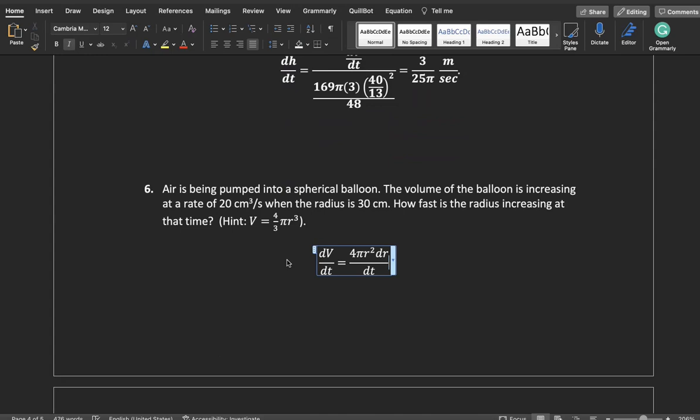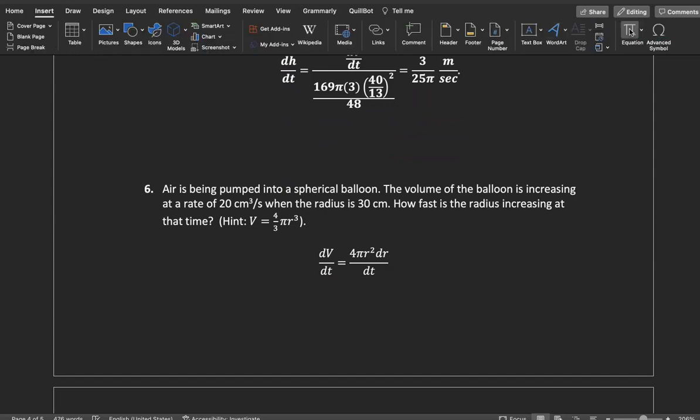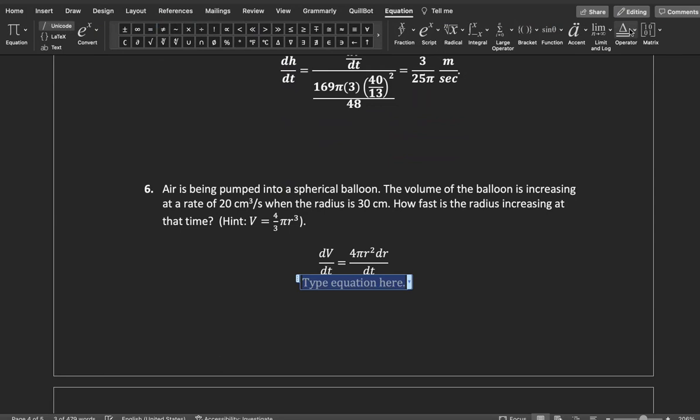Now we're given dV over dt, 20, and we're also given r, which is 30. So all that we have to do now is find dr over dt, the change of radius over time.